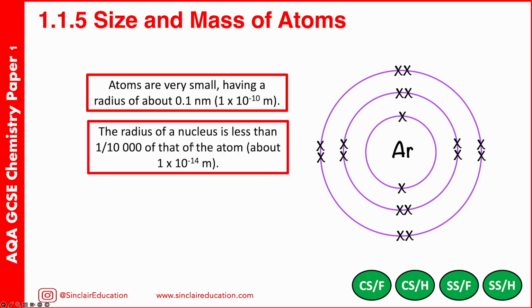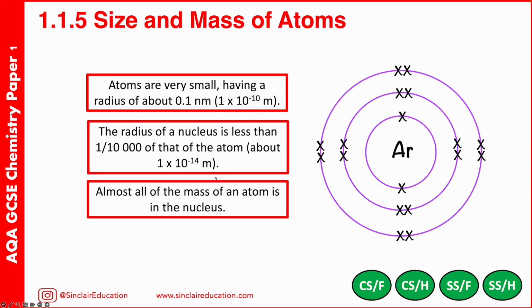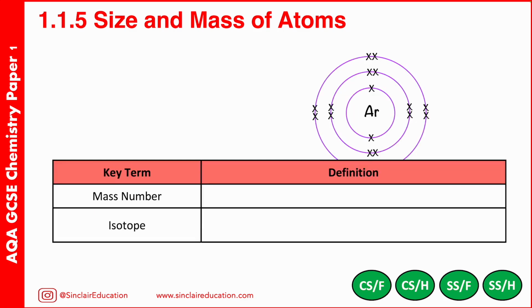The radius of a nucleus is actually 1/10,000th of the size of that. I'd really recommend just having in mind that atoms are 10 to the power minus 10 meters big, while the nucleus tends to be 10 to the power minus 14 meters big. And what we find is pretty much most of the mass is inside the nucleus of that atom.